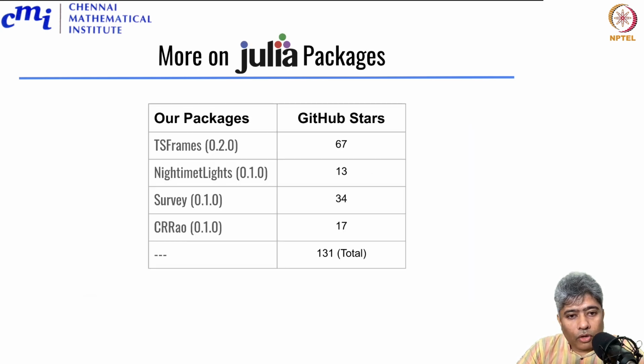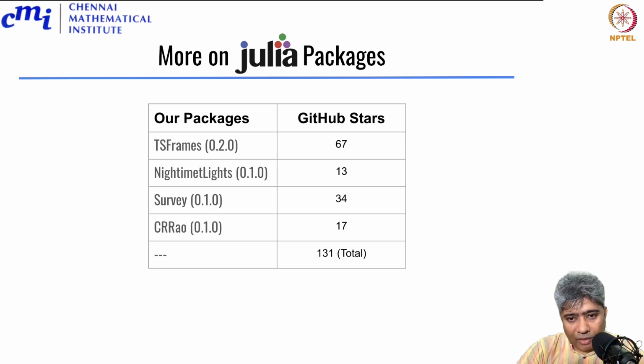So, more on Julia packages. Our group is developing a few more packages: TSFrames, NighttimeLights, Survey, and CRRao. NighttimeLights is a package which tries to do data science on satellite images. In the satellite images, there is a particular band which captures the images of the nighttime lights, and the package does data science on those nighttime lights.